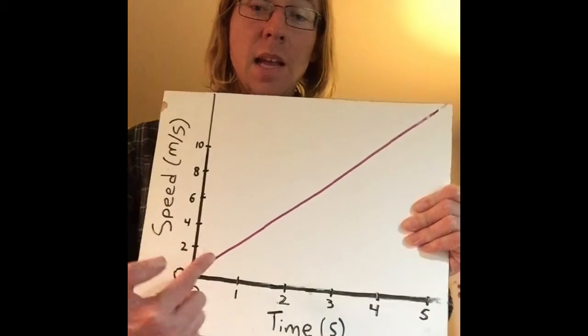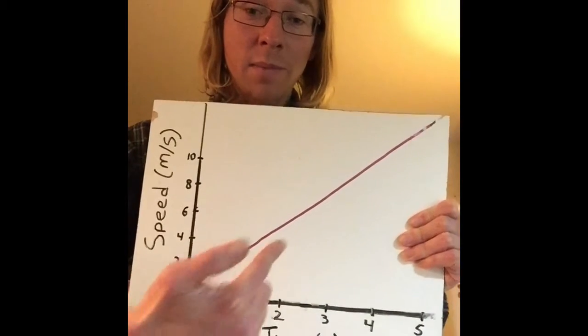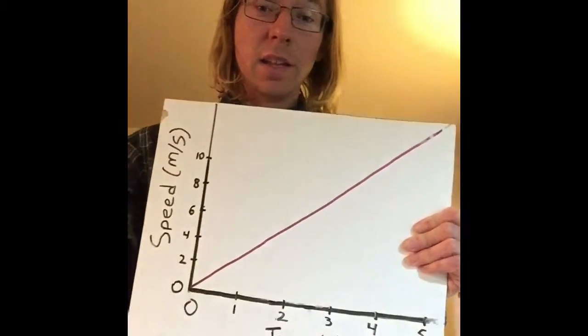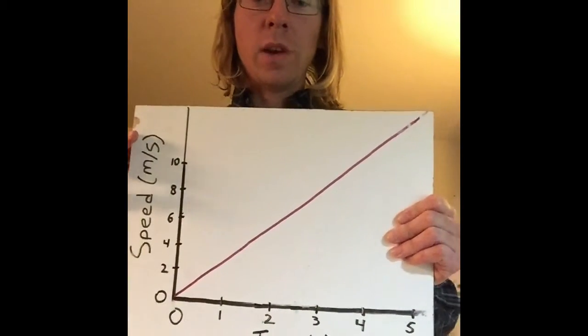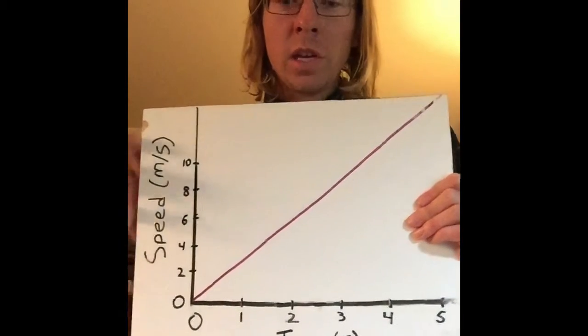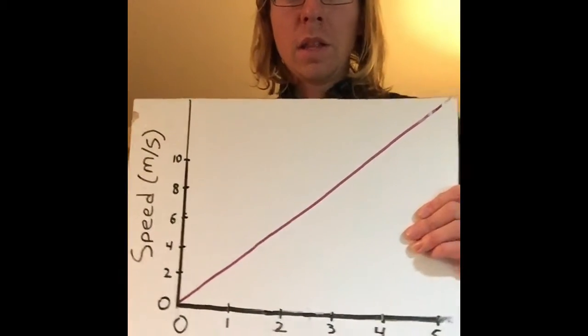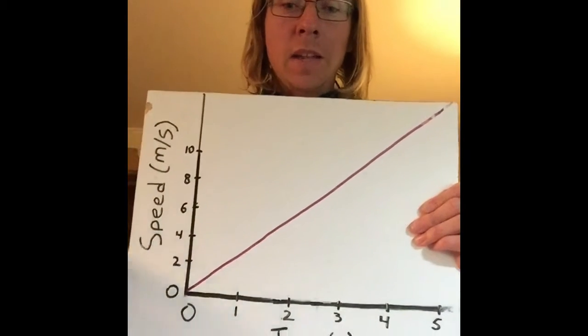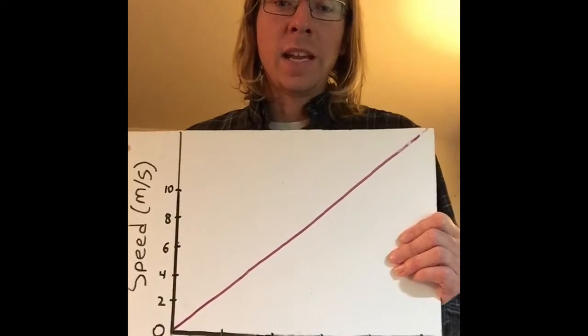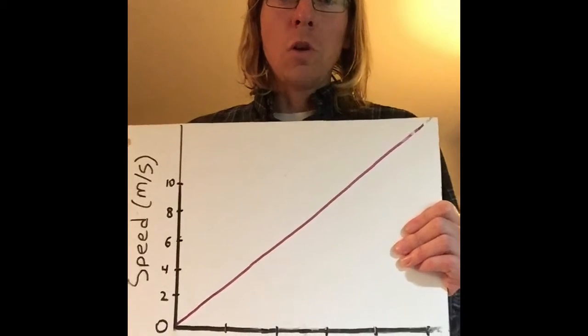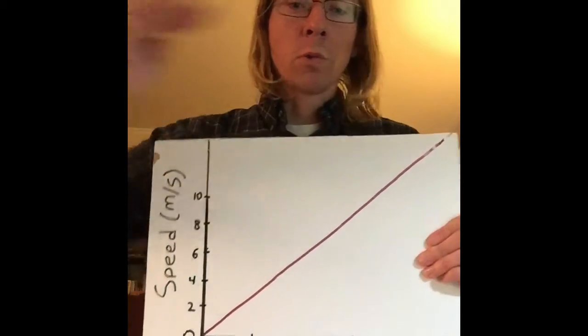All right? And if it's constant speed, it'll be the same for every little dot on this line. But it's different for acceleration. If you want to find acceleration and you're given a graph like this, you take the slope of the graph. Now, I don't know how many of you are taking algebra right now, but slope is rise over run.